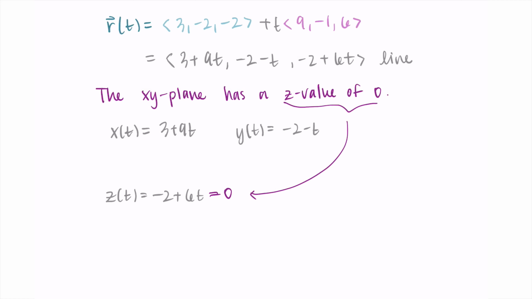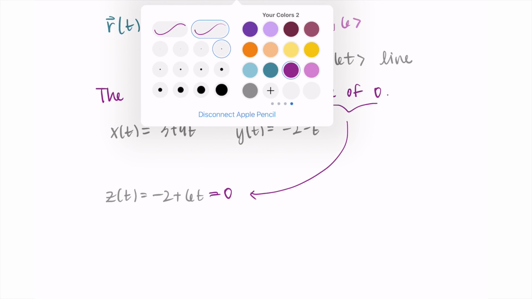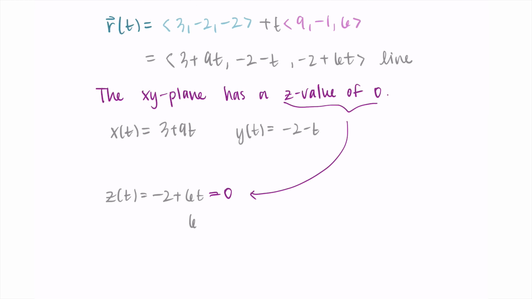So we have lots of t values, a span of t values, or time values. We want to know when it intersects the plane, so we're going to find the t value that makes it true. So I'm going to solve for t here. Moving the 2 over, I have 6t equals 2. And then dividing it, I have t is equal to 2 over 6, which is 1 over 3.